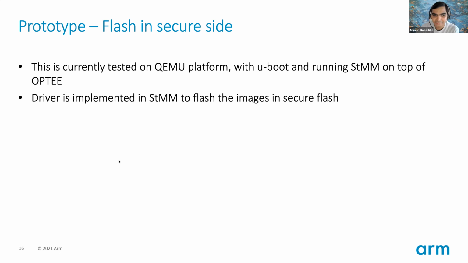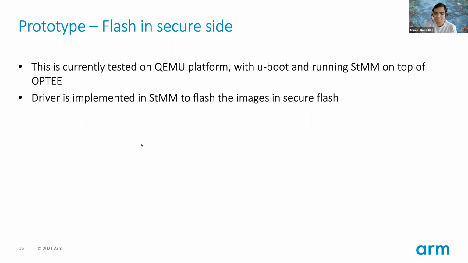Yeah, I think this is used with FF-A only. Jose, correct me if I'm wrong. All these APIs are used from U-Boot to communicate with StMM using the FF-A calls.